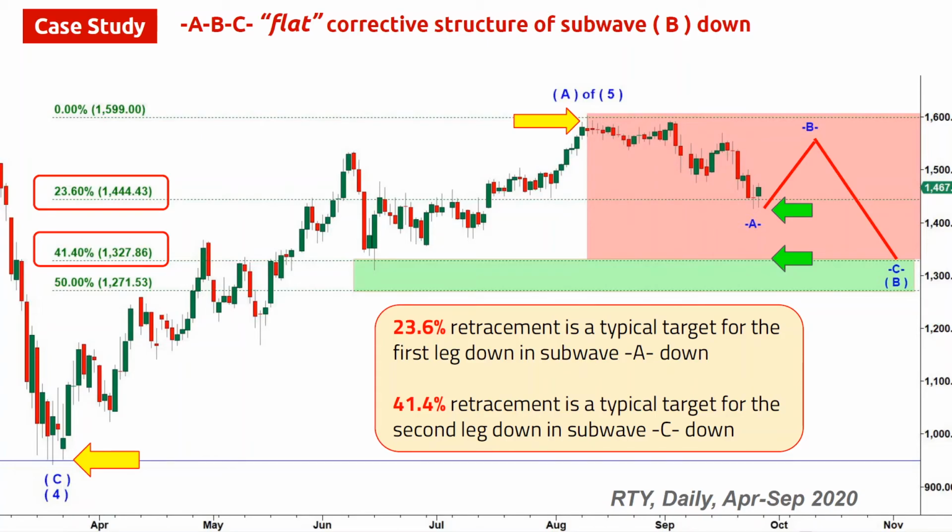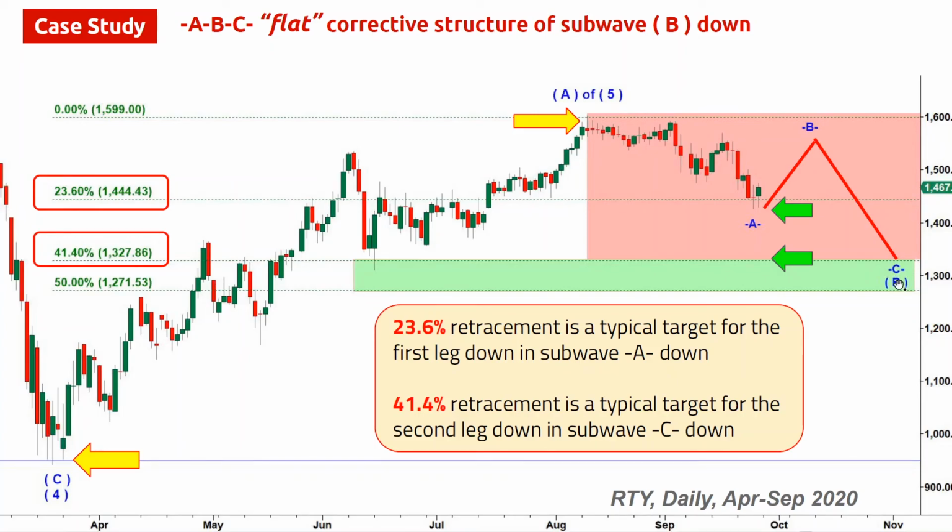Under the classic scenario, that was only the first push down, which would be followed by ABC up, that would be wave B, which itself is subdivided into ABC, which then will be followed by an impulsive 5-wave drop in subwave C, and that ABC would be all of the corrective structure.